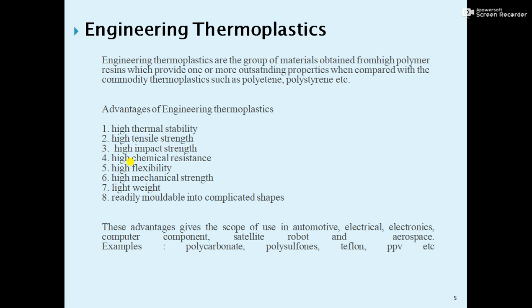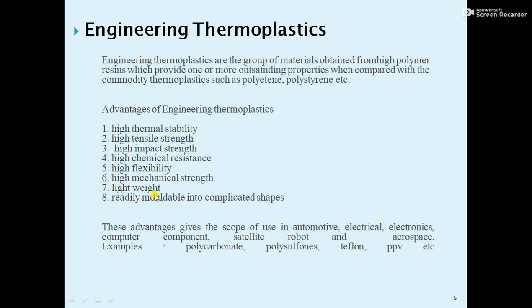So what are the actual advantages or improved properties of engineering thermoplastics? They have high thermal stability, high tensile strength, high impact strength, high chemical resistance, high flexibility, high mechanical strength, very lightweight, and are readily moldable into complicated shapes.